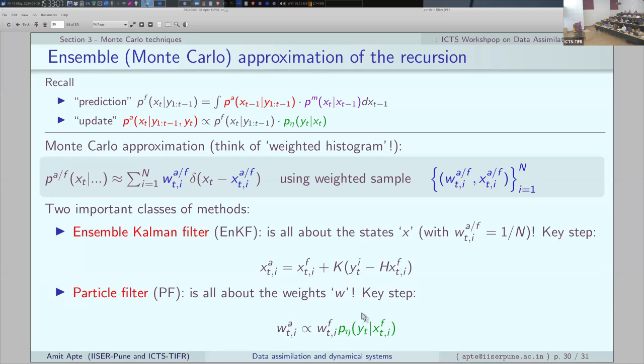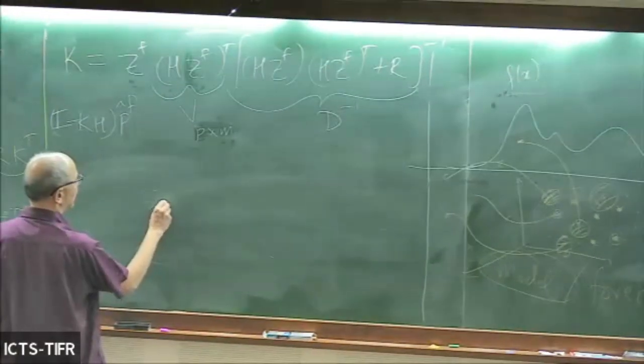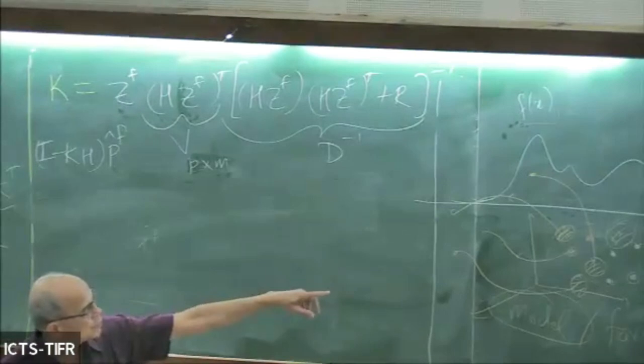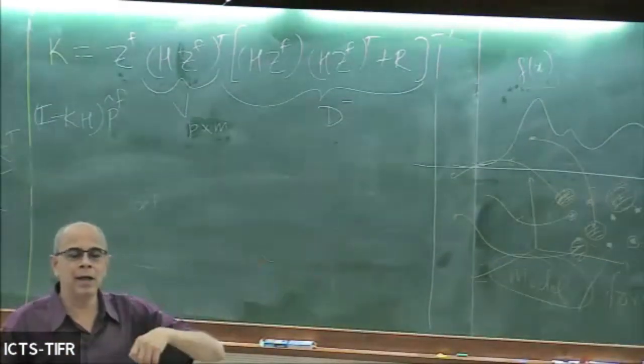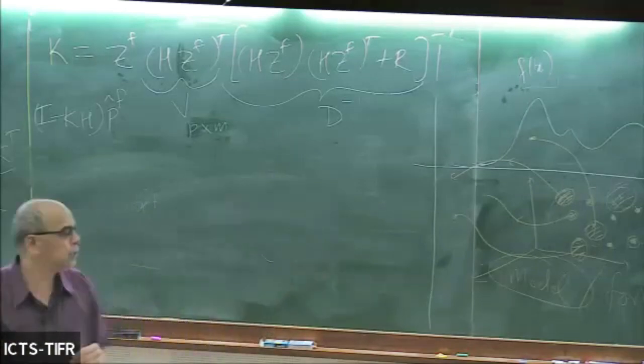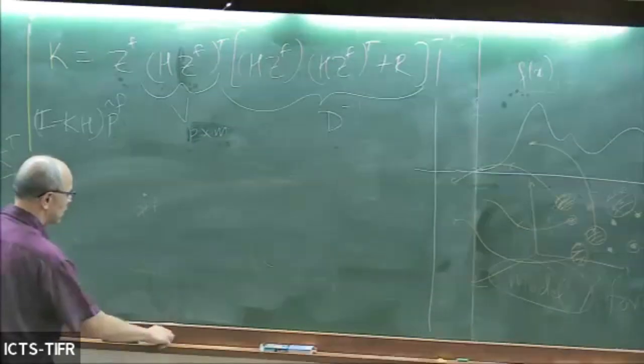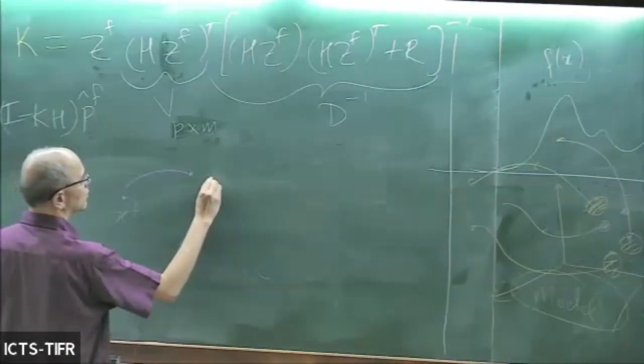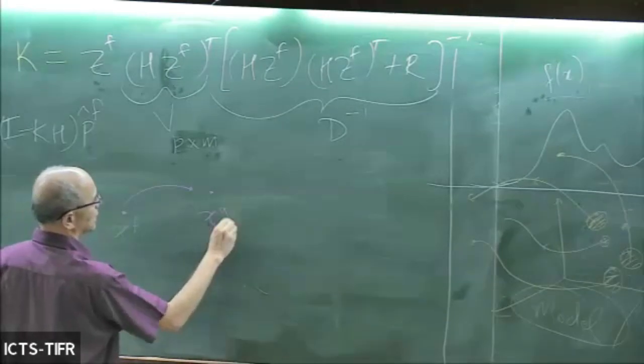When you want to update, one way to visualize the ensemble Kalman filter is as follows. There is no EnKF formula anywhere on the board, but it's on the screen, right? So if I have x_i^f at some point, what does the equation under the ensemble Kalman filter say? x_i^a, the analysis ensemble member, is equal to x_i^f plus something. So I'm basically shifting the particle from here to someplace else, and it will be x_i analysis.